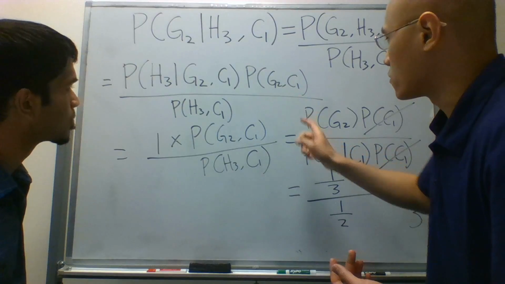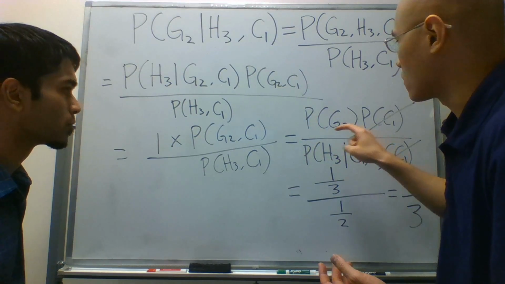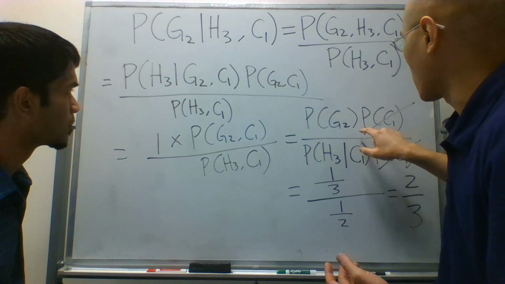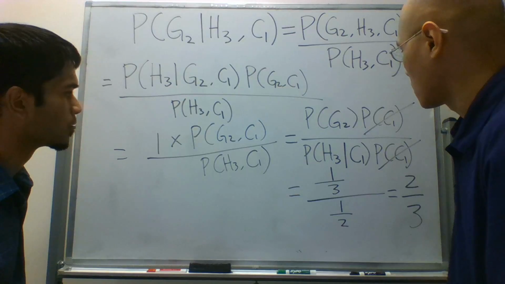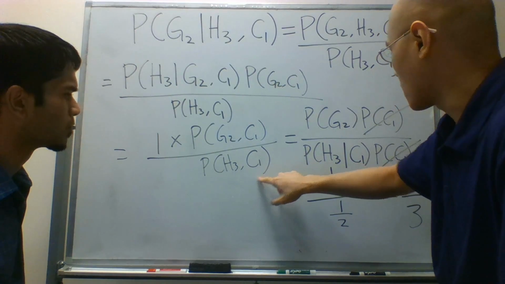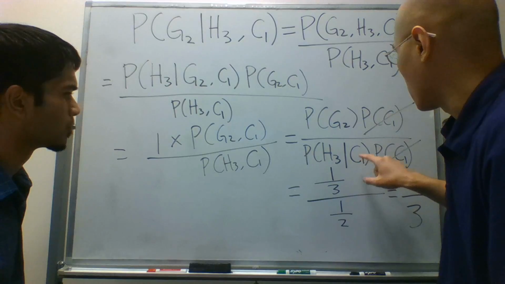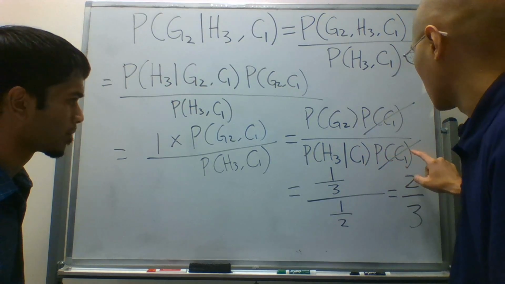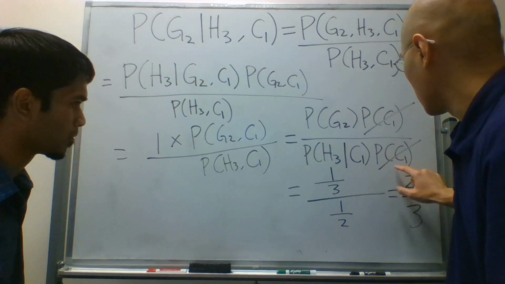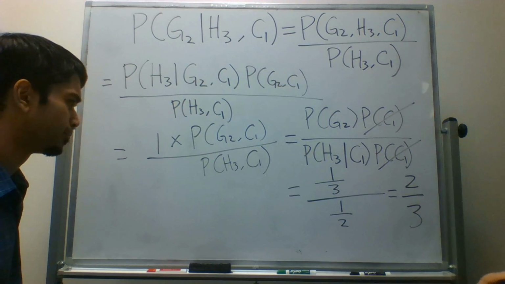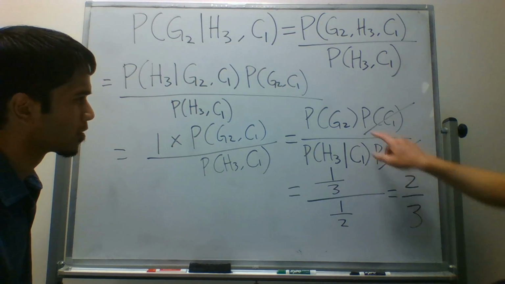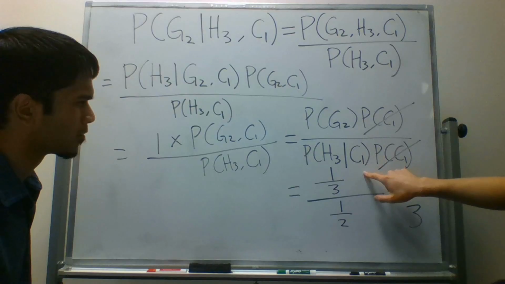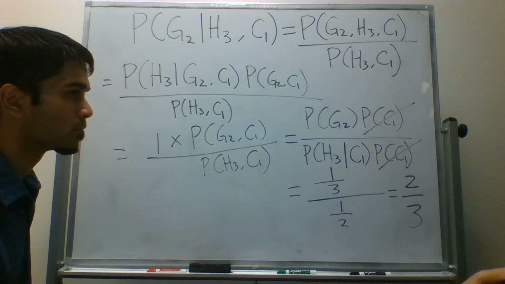The contestant and the gold don't know what each other is thinking, and so this joint probability is just the product of the two marginals. This joint probability can be written as a product of this conditional probability and this marginal. And so this is equal to 1/3, this is equal to 1/2, and we divide these two and we get 2/3.